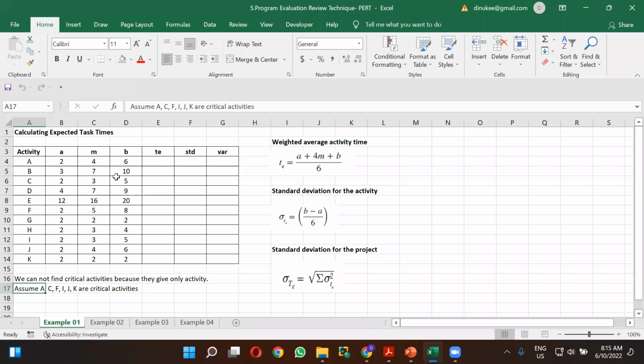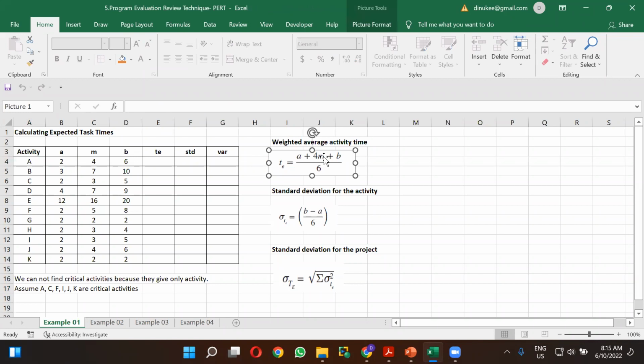They are given the optimistic time, most likely time, as well as the pessimistic time, and they are asking to calculate the weighted average activity time. So this is the equation that I have explained for you, right? Based on this equation, you have to calculate the weighted average activity time for each of these activities. So can you all take some piece of paper and work with me?